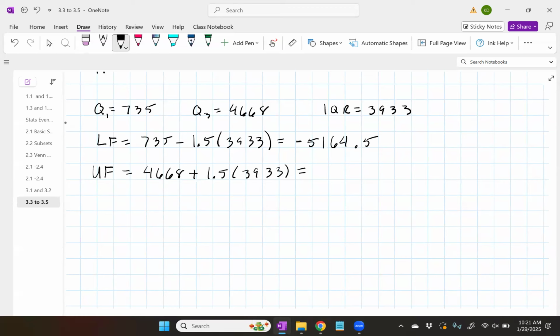And I said this should give us 10,567.5. So anything higher than that is a high outlier. Anything lower than our other one is a low outlier.